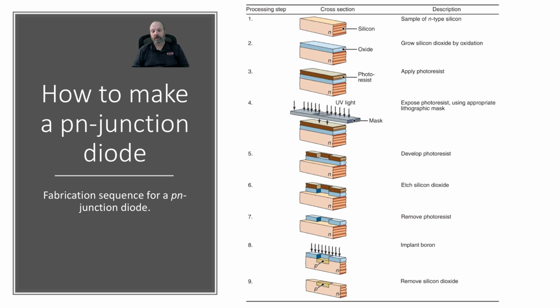So the boron ions are accelerated like we talked about before, and they go very quickly and they're driven into the silicon crystal. Okay, and they're also driven into the silicon dioxide. But once you remove the silicon dioxide, you get rid of the implanted silicon dioxide, and you're only left with the implanted silicon underneath in the regions that you've defined. And that's how you make a PN junction.